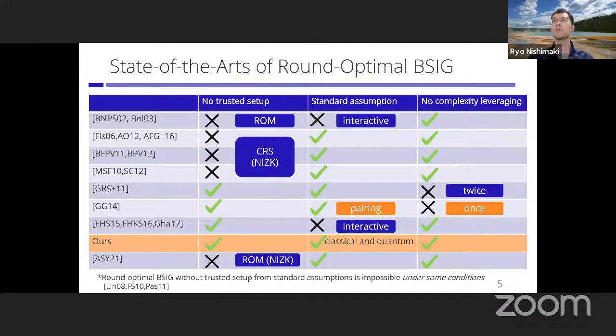This protocol used it only once, but a notable feature of this protocol is that it heavily relies on the algebraic structure of pairings. So our blind signature is the first round optimal blind signature without trusted setup assumption from standard assumptions, and our protocol doesn't rely on complexity leveraging.